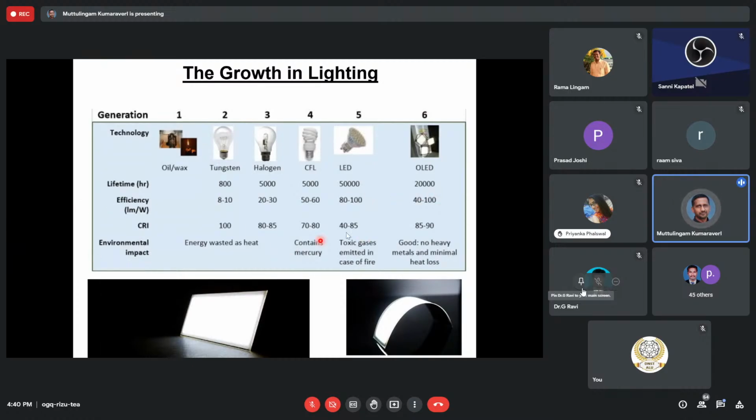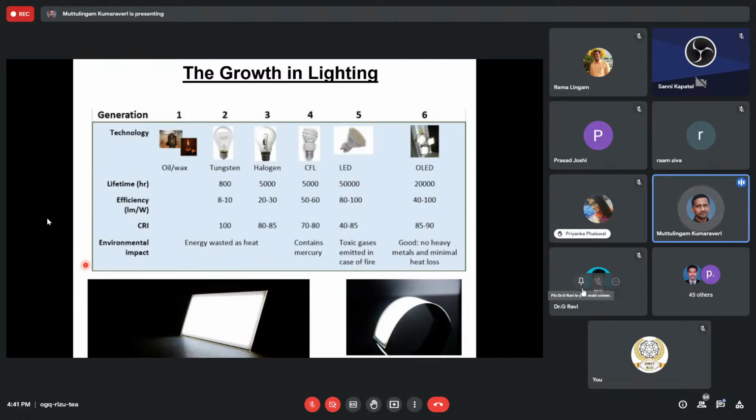Efficiency-wise, compared to LED and OLED, LED is better than OLED at the moment. The color rendering index of OLED is a little bit higher than LED.